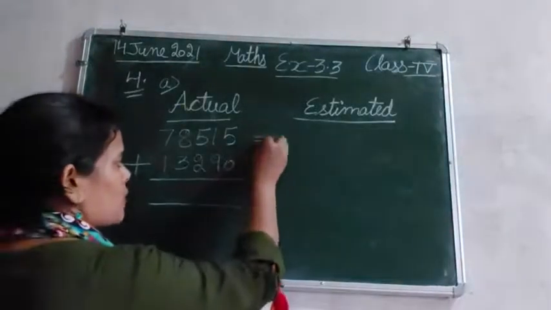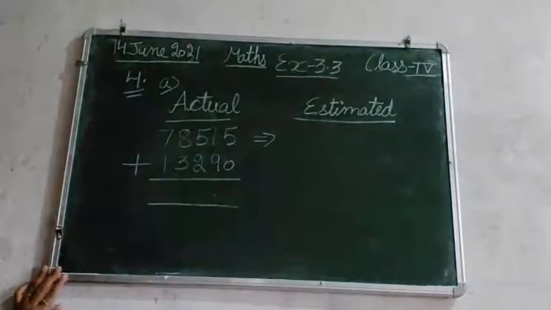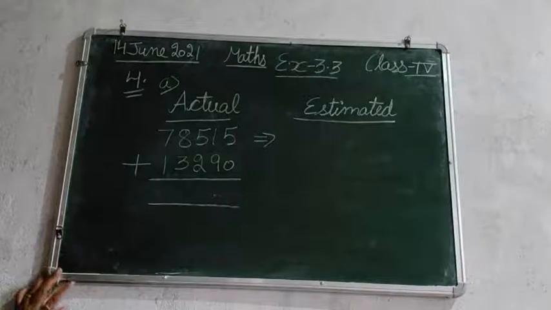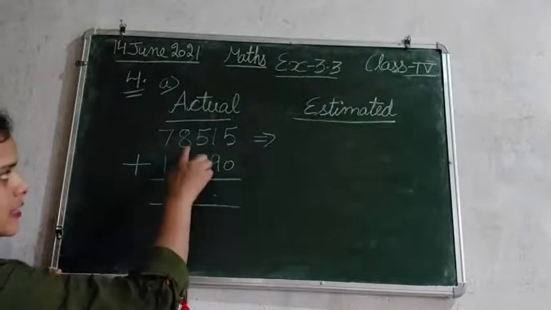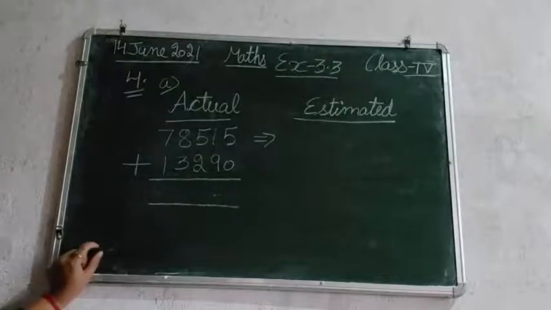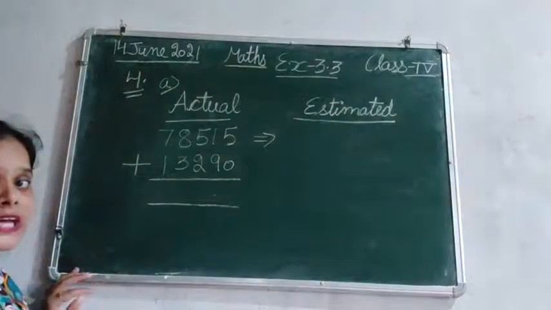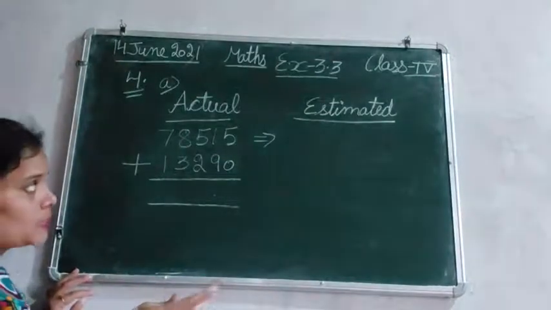First of all we will find out the estimated number of 78,515. तो सबसे पहले हम इसका estimated निकालेंगे. This is 78,515 and we need to round it off to the nearest 10,000. So we are going to observe the digit that is given at thousands place.